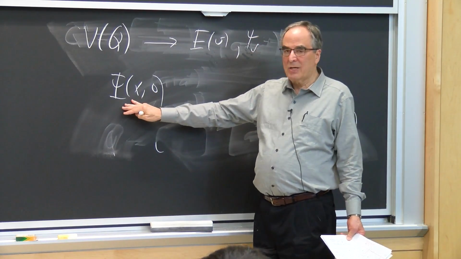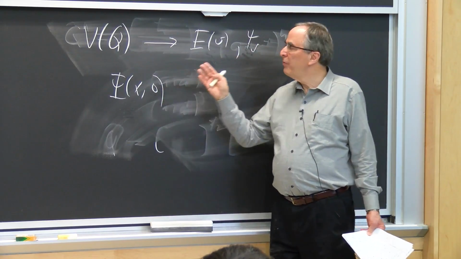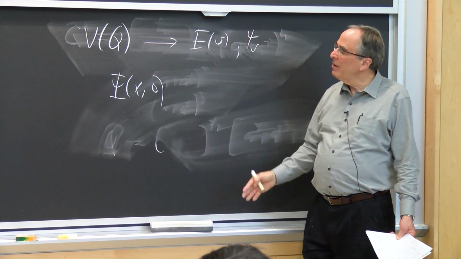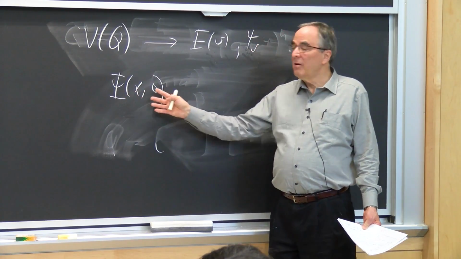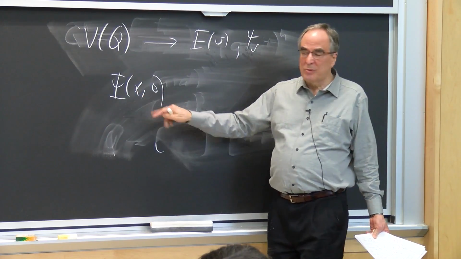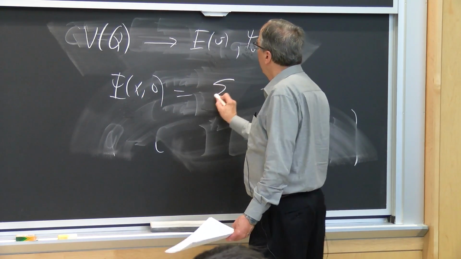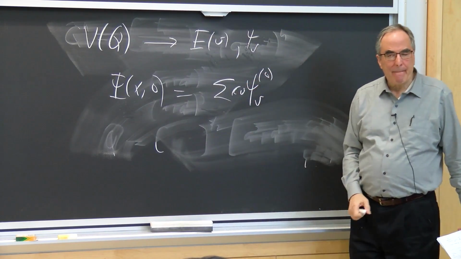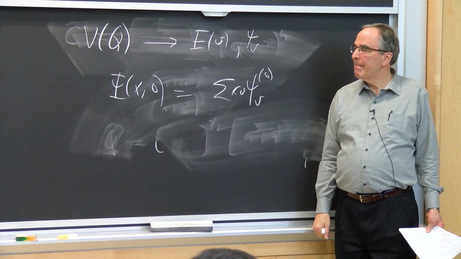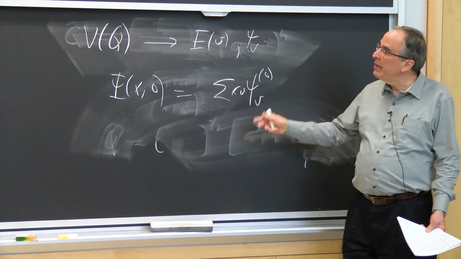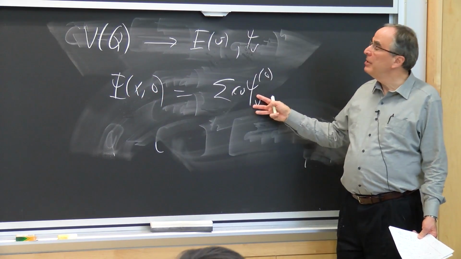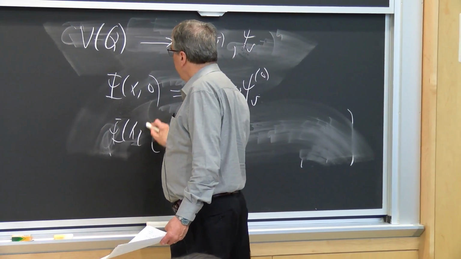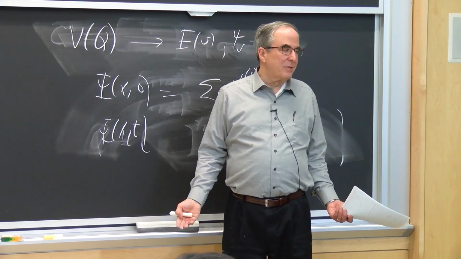Then if we know how to go from basis states to eigenstates, we can go backwards, and we can write the expression for the t equals 0 superposition as a sum over psi v zero times c v. As long as we're writing a superposition in terms of eigenstates, we know immediately how to get the time dependence, and then we've got all the dynamics.